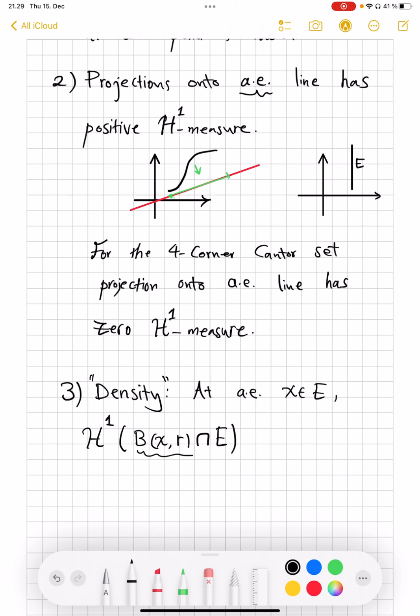So you can also say this is the ball in the intrinsic metric of E.